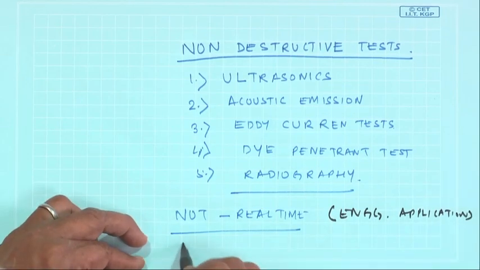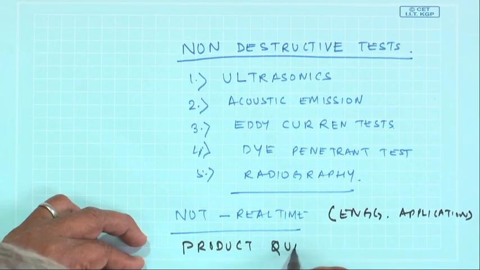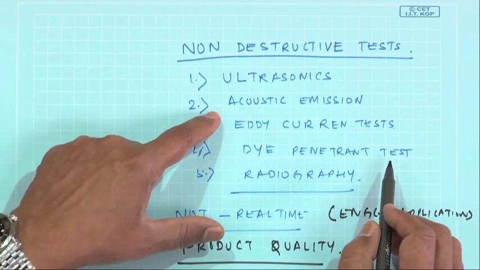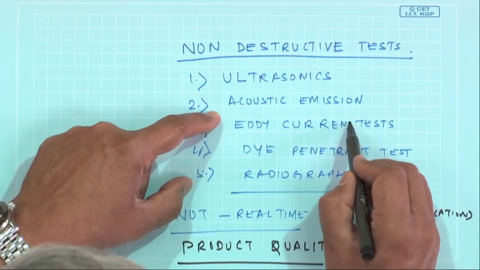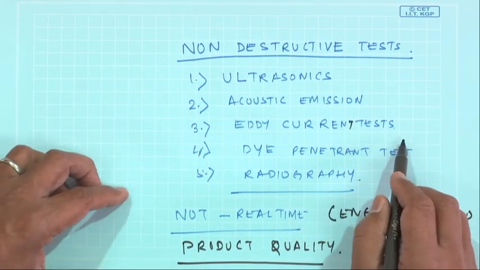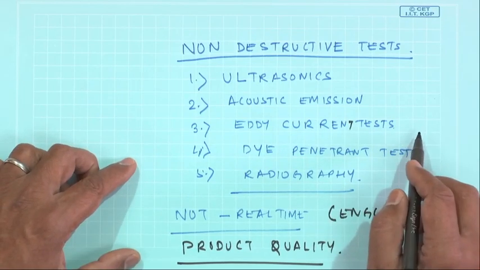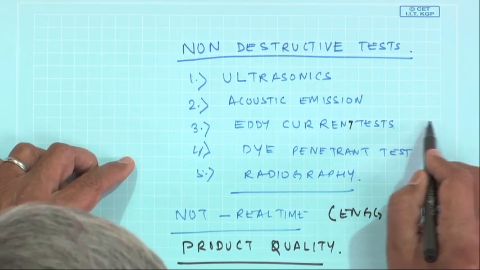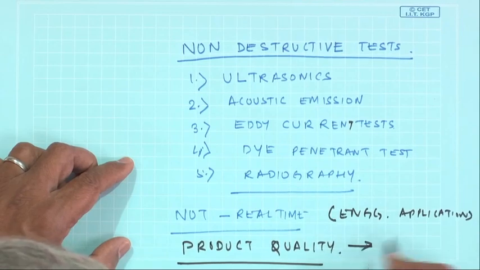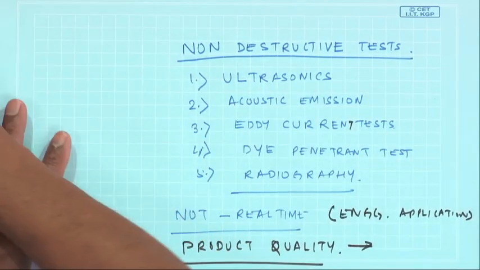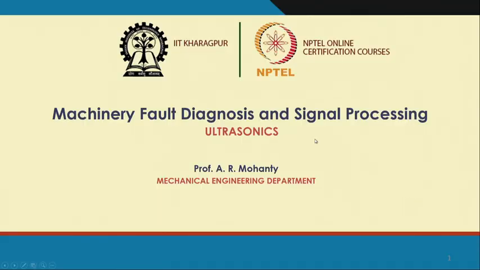To find out the product quality, bearing perhaps eddy current, which could be used to, as you would have seen in the case of journal bearing, to find out the clearances. Okay. So today in this lecture we will focus mostly on ultrasonics.